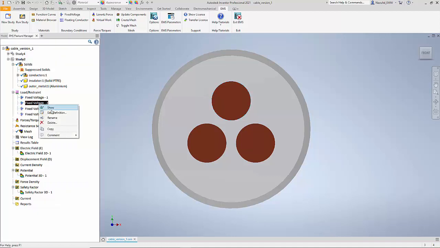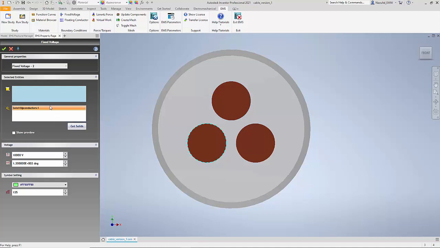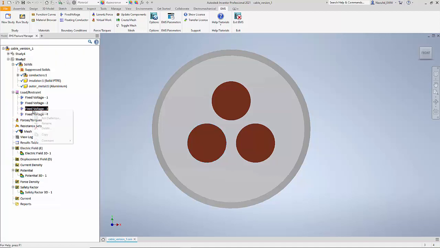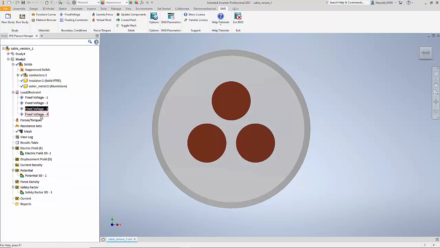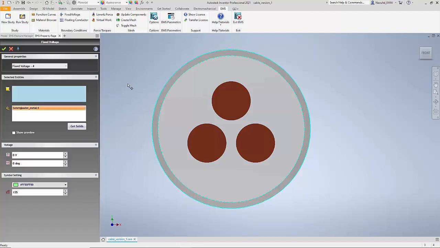Because it is three phase, when we apply the boundary condition for the second conductor, we apply a phase of 120 degrees. And finally, the third conductor has again 10,000 volts potential and the phase is 240 degrees. Last but not the least, we take the aluminum outer conductor and apply a ground potential of 0 volt.